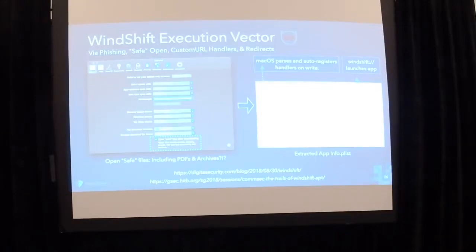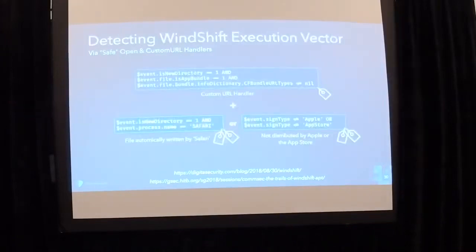You get phished, you download the zip, it auto unarchives, the system auto registers that as the custom URL handler, and then they redirect you to something that uses that URL scheme, and the app launches. Right? It does require a little bit of user interaction, but a lot of users will just click OK, right? So how do we go ahead and detect this?